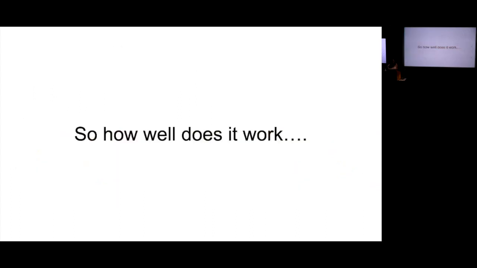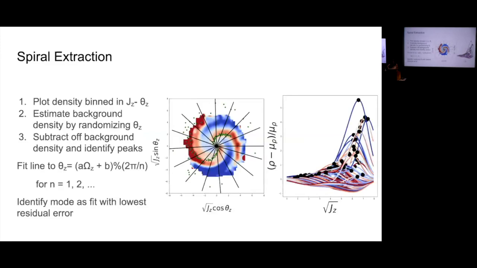So how well does it work? First you have to extract the spirals. Turns out that this is not as easy as it is to do by eye. How we did this: we started out by plotting our initial density, binned in J z theta z. You can estimate the background density by randomizing in theta z.